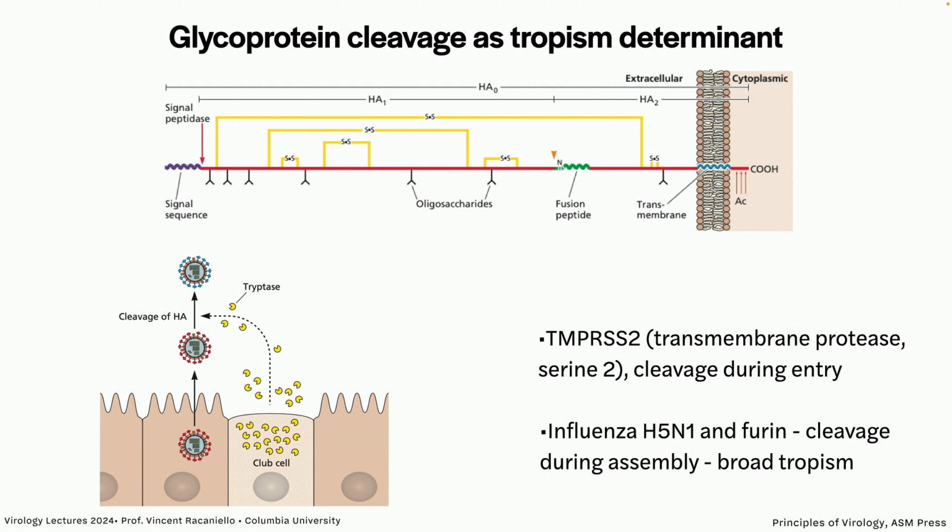Now, avian influenza viruses, H5N1 viruses that infect birds and cause mass lethality, and which we are worried about because when they get into people, they can be lethal. Their HA is cleaved by a protease called furin. It's a family of proteases, which are in all tissues. And so that virus has a broad tropism as a consequence.